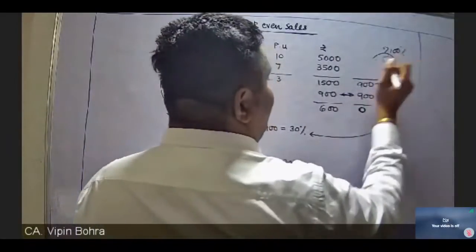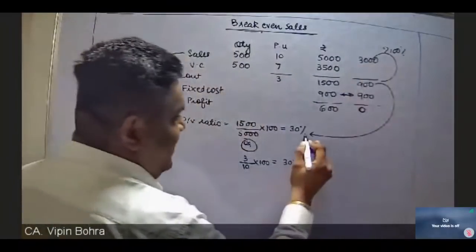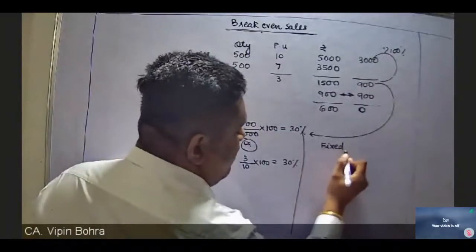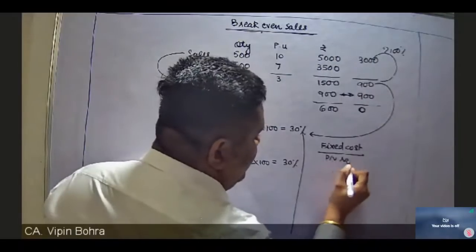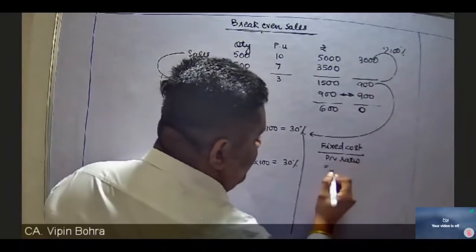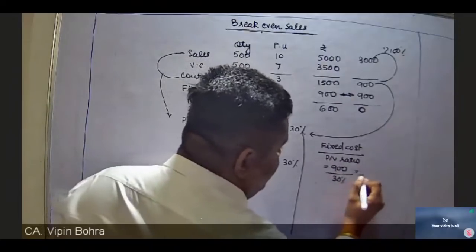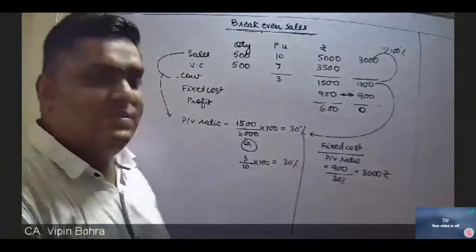Very simple. 3,000. So again we have used the same concept, that is fixed cost divided by PV ratio, that is 900 divided by 30%, that is 3,000 rupees.